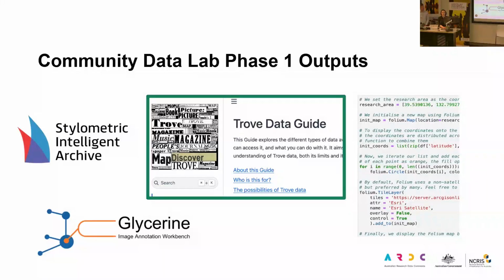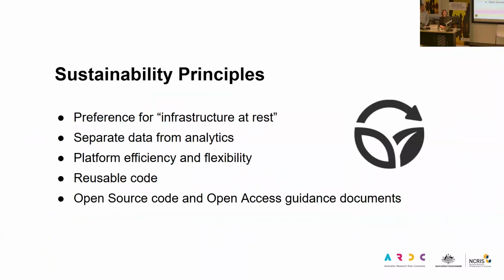And along with this set of initial outputs, we also developed some core principles for building sustainable research tools for HASS. So these principles consider how we can maintain benefit in an environment where ongoing investment to support infrastructure is not always available. And where that investment is available, it's not always continuous.